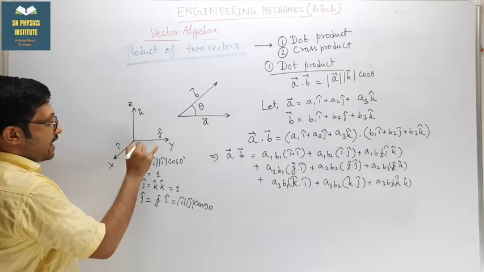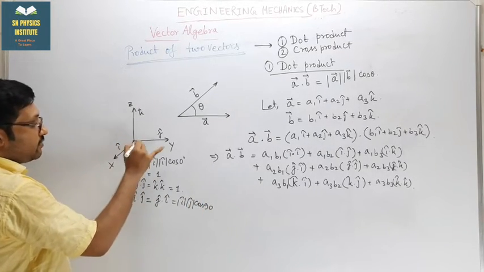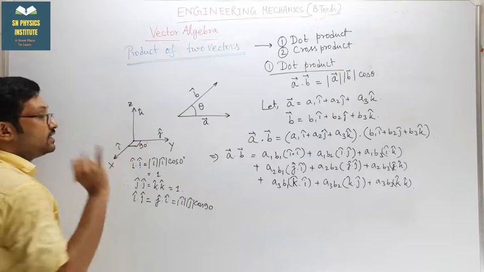See, i vector and j vector, x-axis and y-axis, the angle between them is 90 degrees to each other.